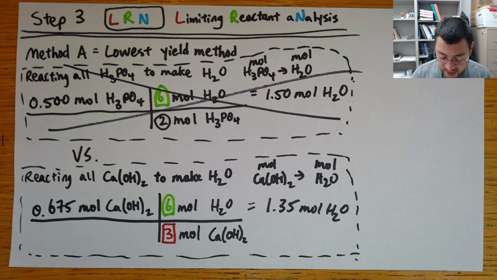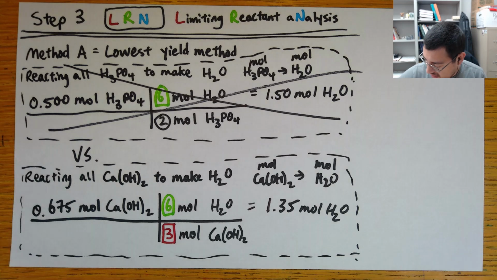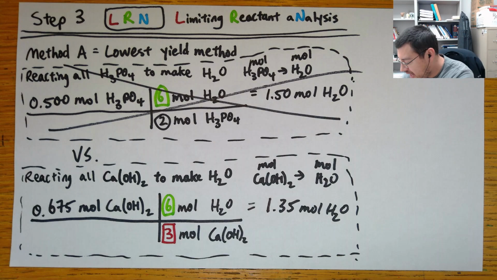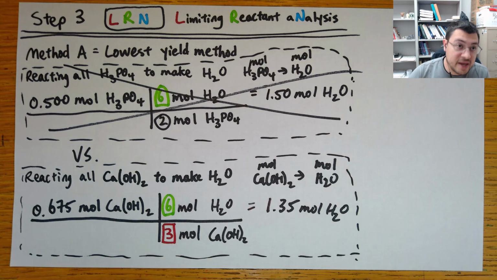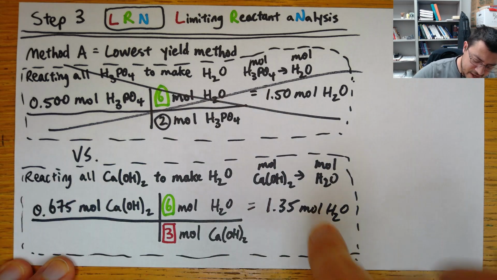All right, so we did 2 things at once, okay? The first thing, the most important thing, is we figured out what our limiting reactant is. When I figured that out, I like to make a very, very big deal out of figuring out what my limiting reactant is. Okay, it's not the answer.